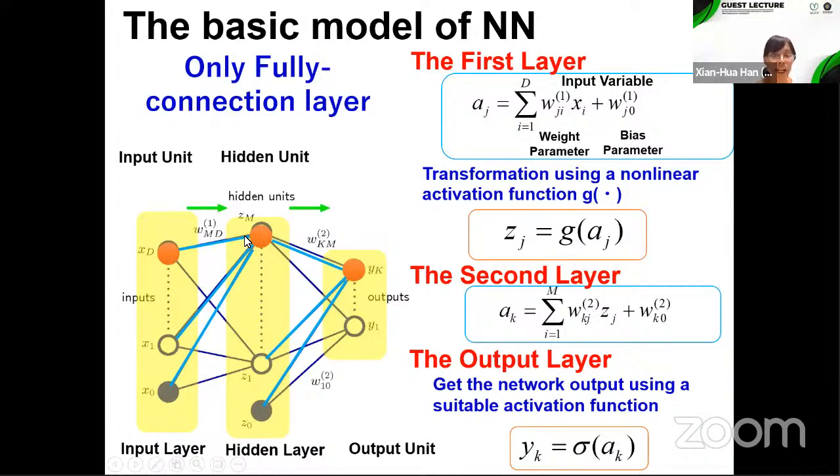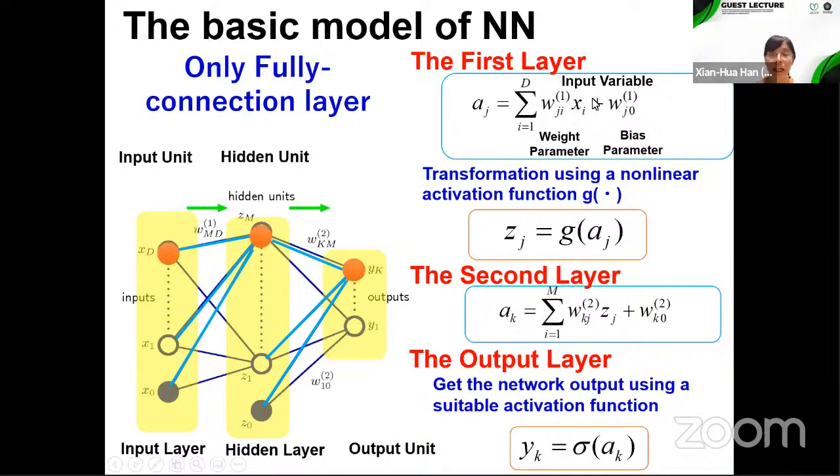In each connection link, there is a weight. The mathematical calculation is expressed on the right hand side. So xi is the input.